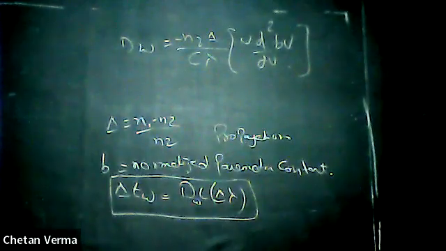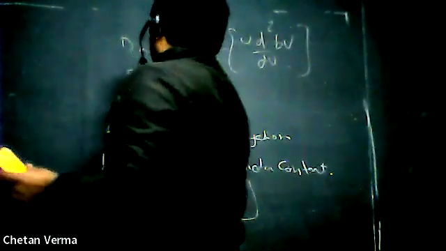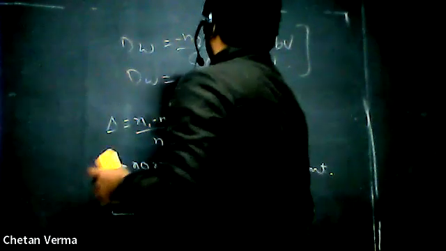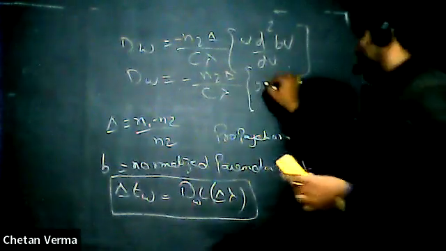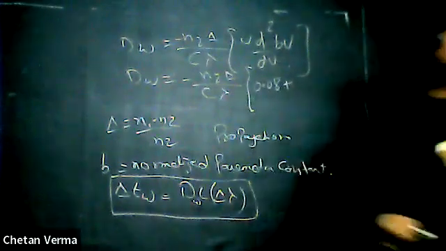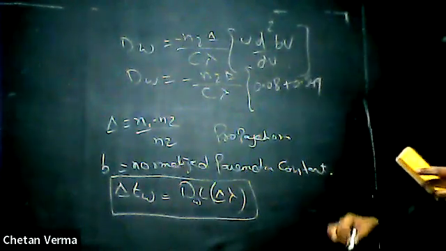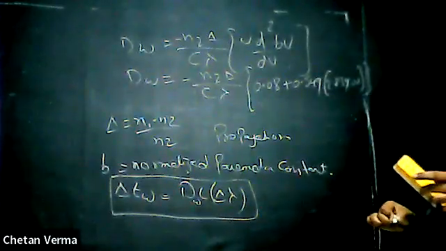For numerical purposes, the finalized formula for D_W is minus n2 delta by (C lambda) times (0.080 plus 0.549 times (2.834 minus V) whole squared).